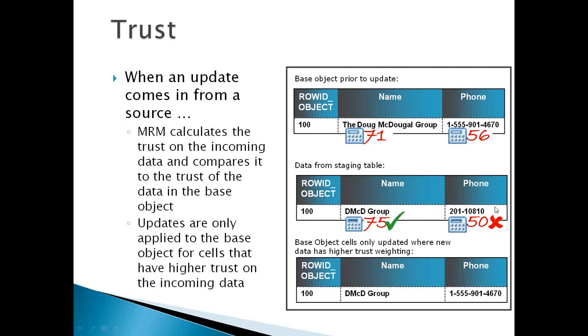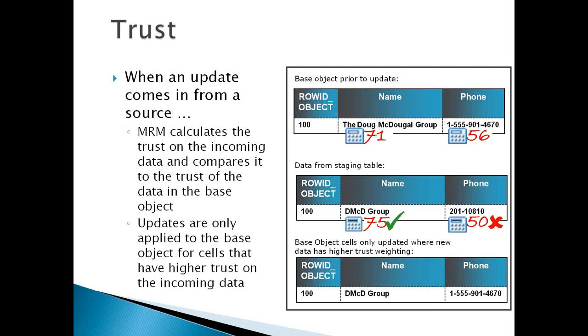So it will go and update the name and the phone number in the cross-reference table. After it has updated the cross-reference table, it will calculate the trust and the validation rule. And here it found that the name is more trusted, but the phone number is not trusted. So it has just promoted the name into the master record. The phone number was not promoted.